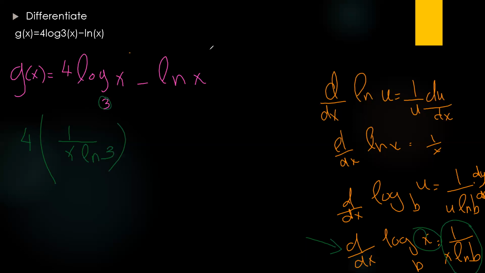This is b, yes. So it is 4 times 1 over x ln 3 minus ln x. What is the derivative of ln x? 1 over x. So I have 4 times 1 over x ln 3 minus 1 over x.